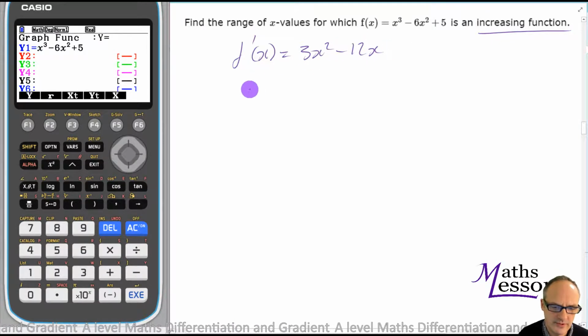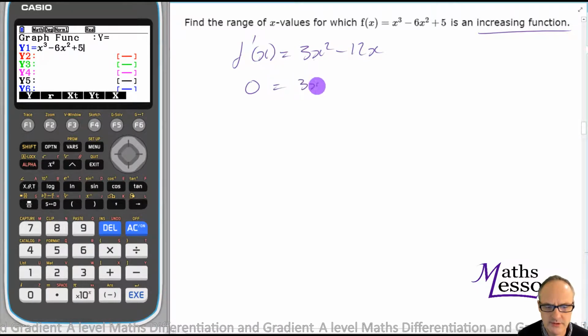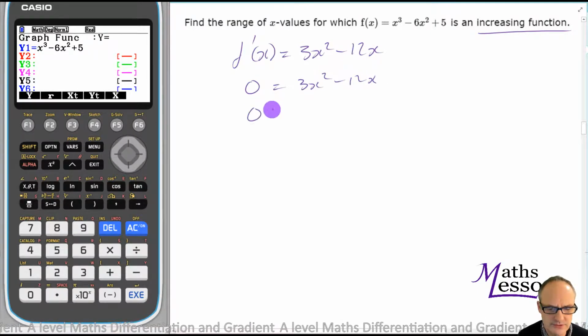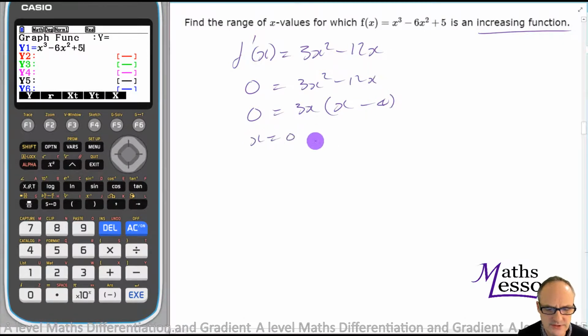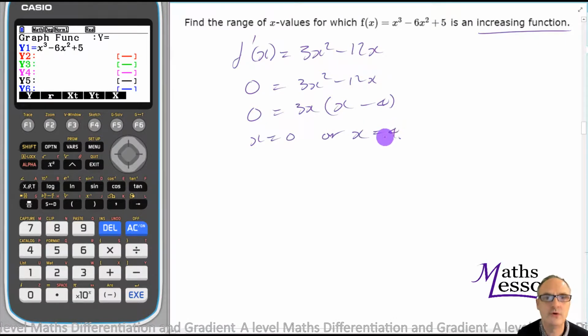And then we can put that equal to 0 to find the limits of our inequality, where the derivative is equal to 0, and therefore we can find out where it's positive and where it's negative. So we've got 3x squared minus 12x equals 0. Factorizing this out, we get 3x(x minus 4). So x will equal 0 or x will equal 4.